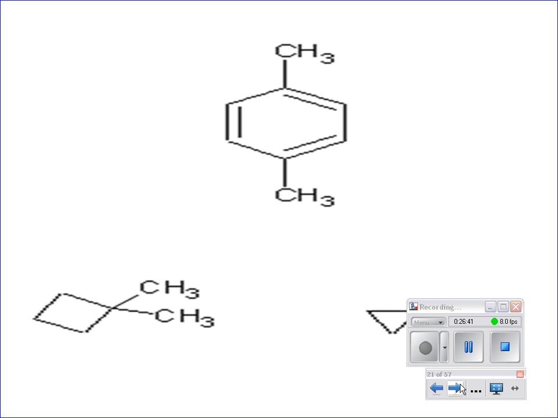What's that one? Paraxylene. You could do a P-xylene or a para. They can sometimes write it this way. I'm okay with either. And then what else could this be? 1,4-dimethylbenzene.